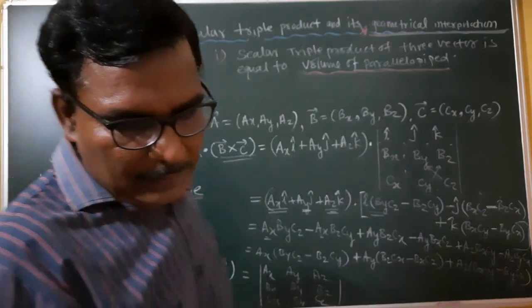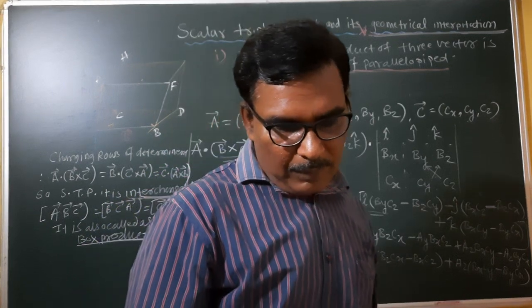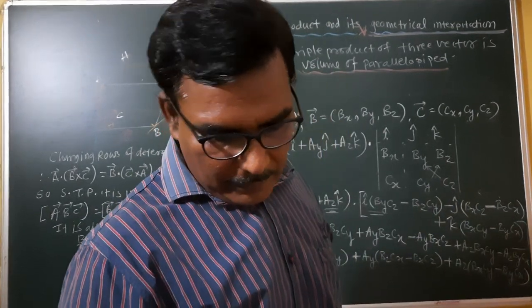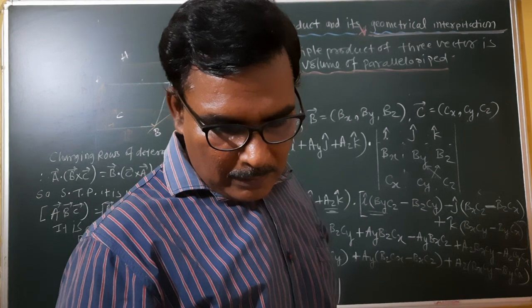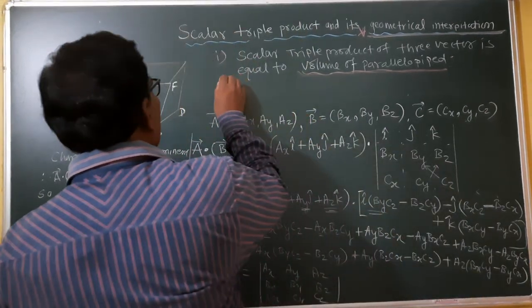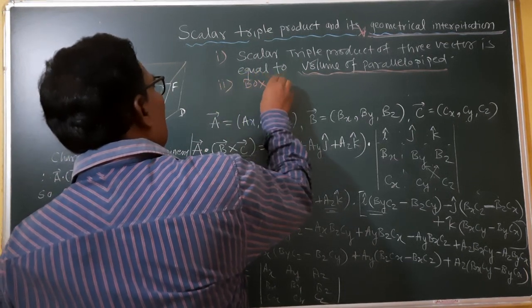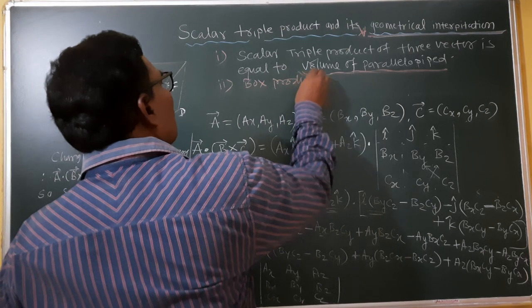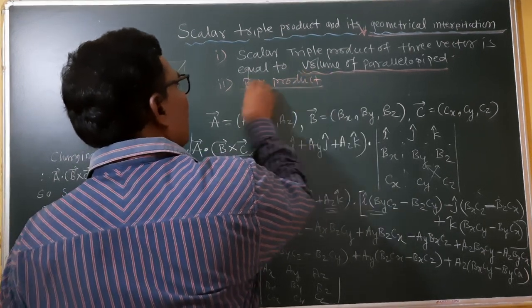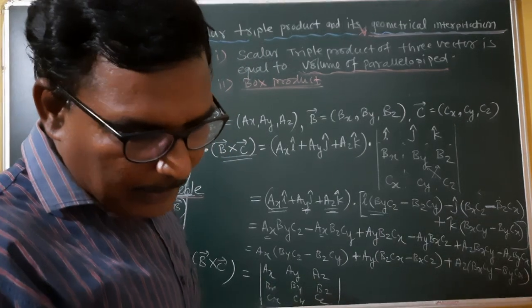Secondly, properties of determinants. The scalar triple product is sometimes also called a box product. It is one more important property.